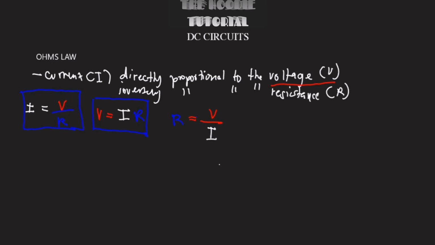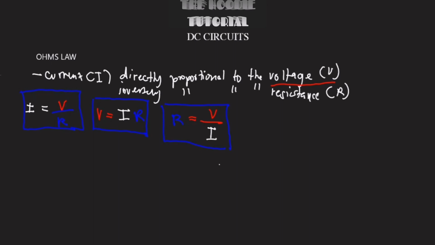So right now we have the three equations from Ohm's law. All you need to do is memorize any of these, and the most important thing is that you understand how to derive the equation.